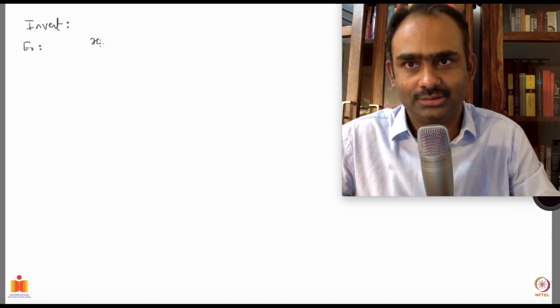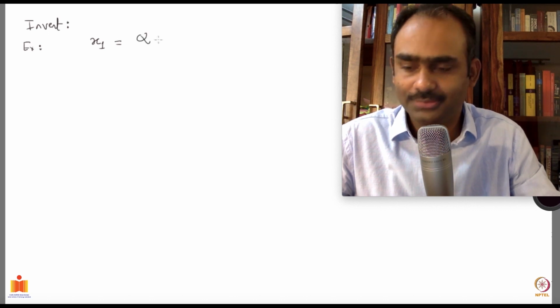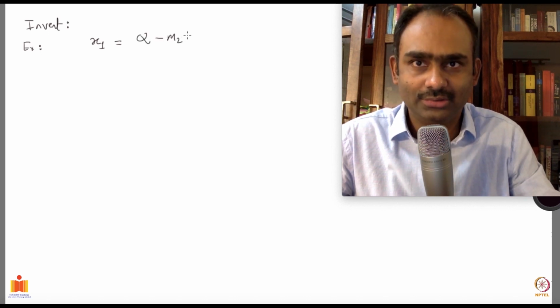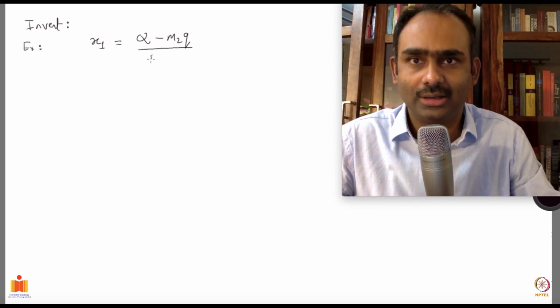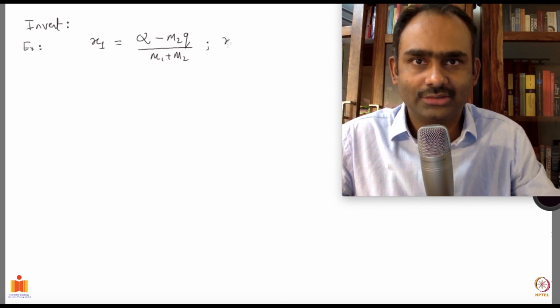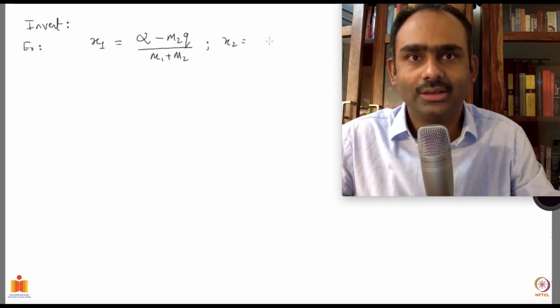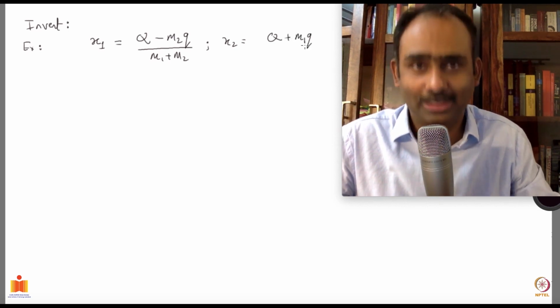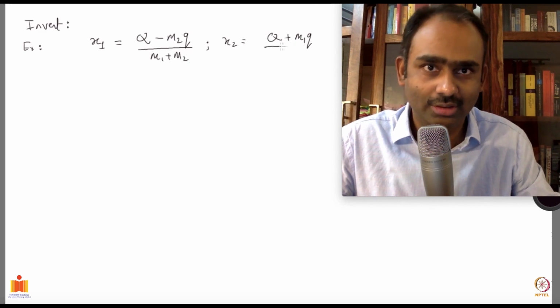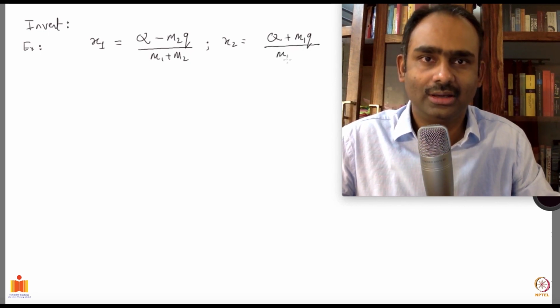So you get x1 is capital Q minus m2 small q over m1 plus m2, and your x2 turns out to be q plus capital Q plus small m1, capital Q plus m1 small q over m1 plus m2.